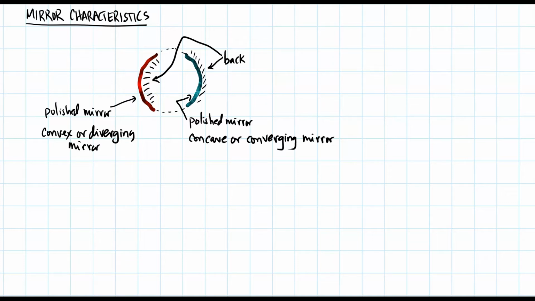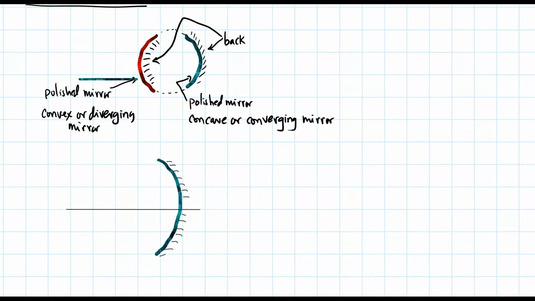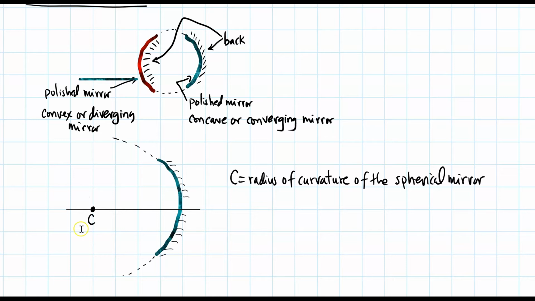Every mirror has a center of curvature point and it has a focal point. Let's draw these in for a converging and diverging mirror. If I have a converging mirror, its radius of curvature is related to here. The radius of curvature for the spherical mirror is essentially the radius, the distance from the point C to the mirror as it goes all the way around.